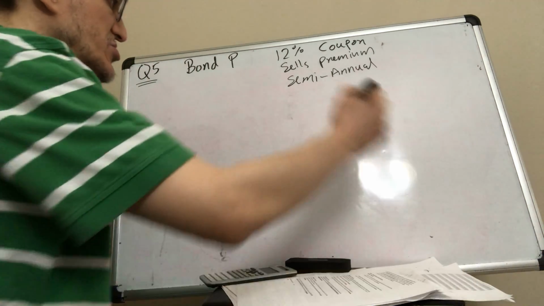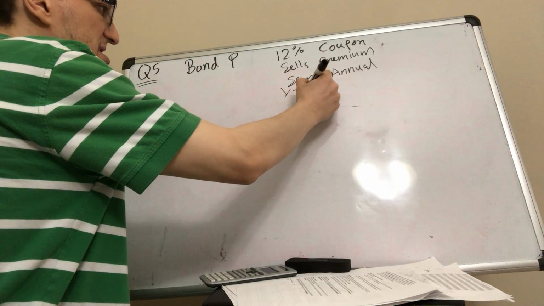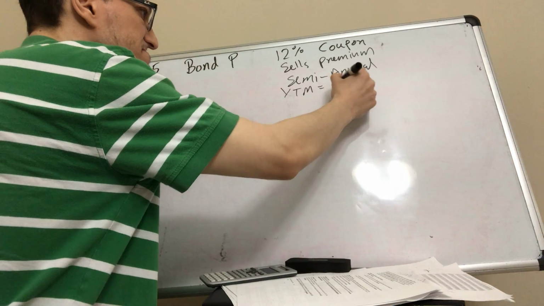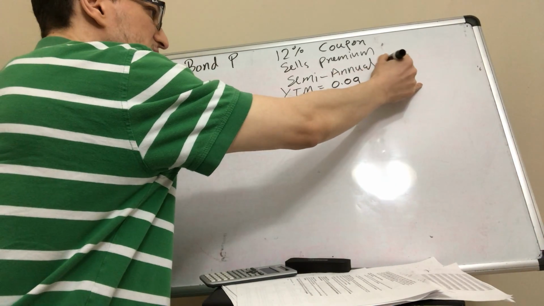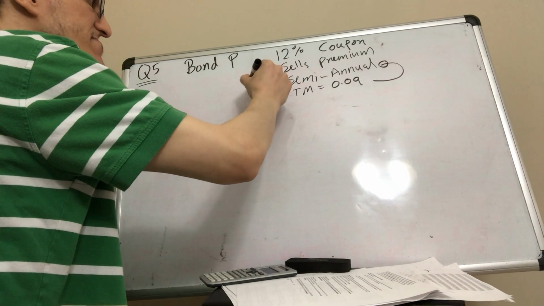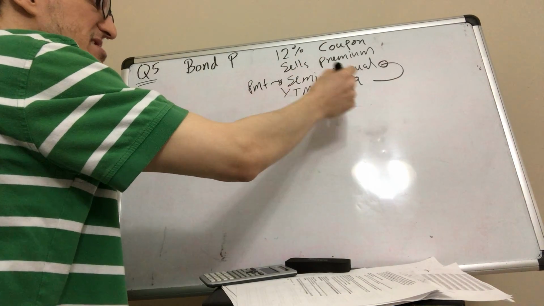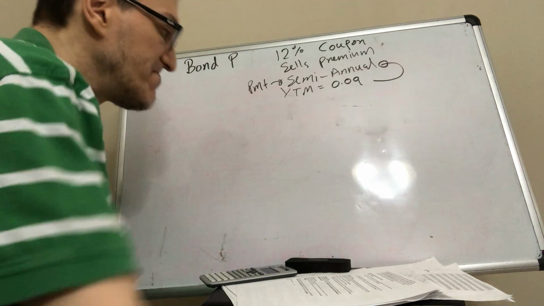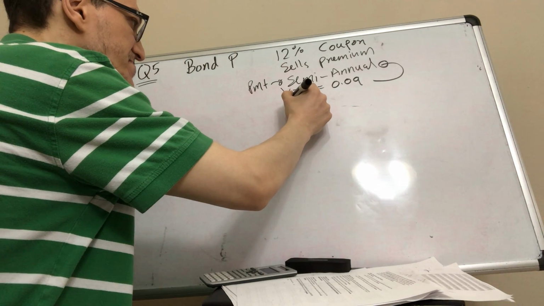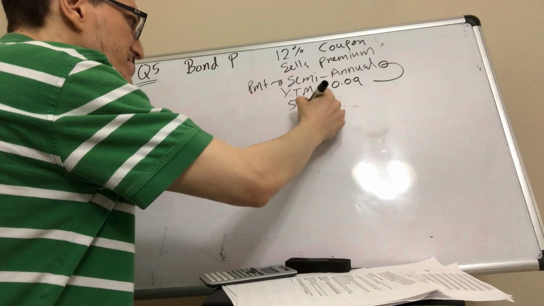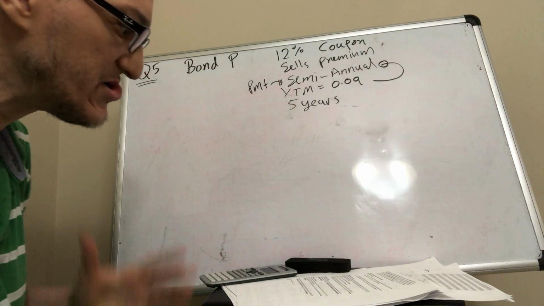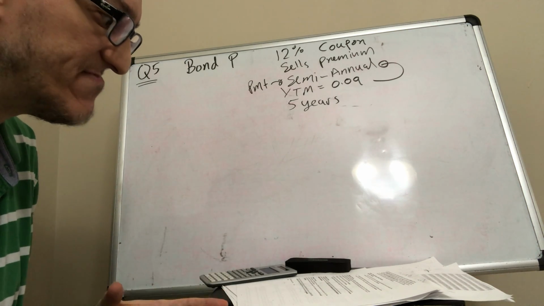And yield to maturity, or YTM, is 9%. Also semi-annual, so payment is semi-annual and the interest is semi-annual. And 5 years.